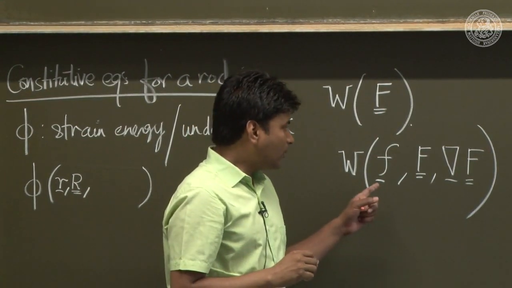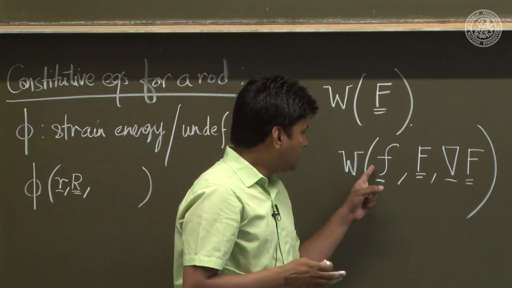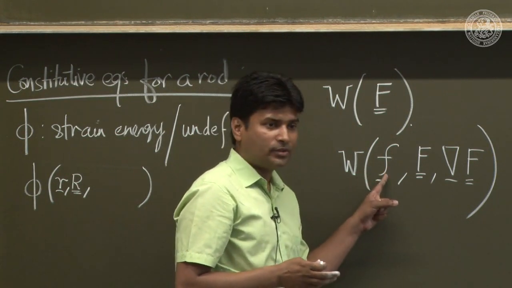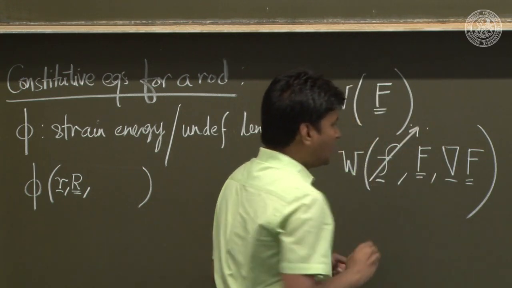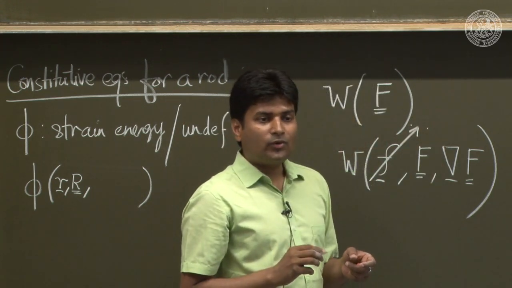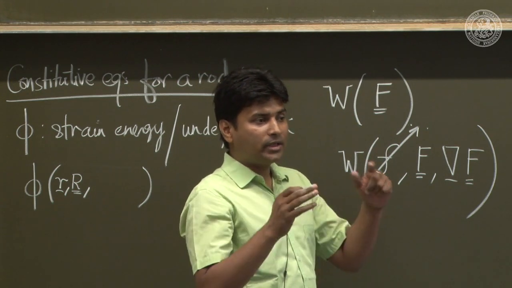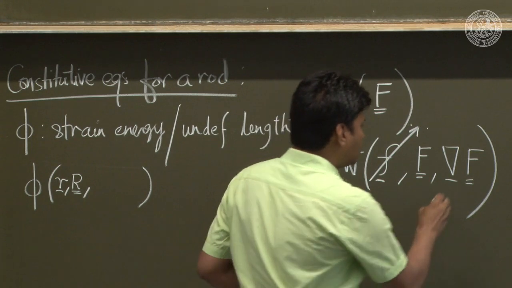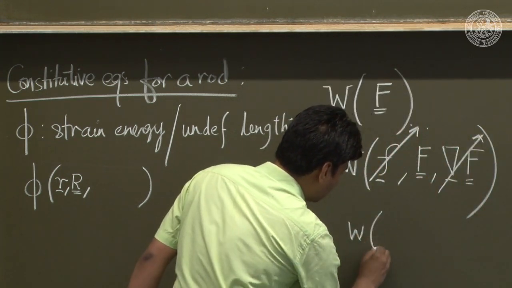And then when you apply objectivity or frame indifference, it turns out that W does not depend on the deformation map. So, it goes away. And when you say that I want to talk about simple elasticity, I do not want to talk about higher gradient elasticity, then you also drop this out and your W only depends on big F.